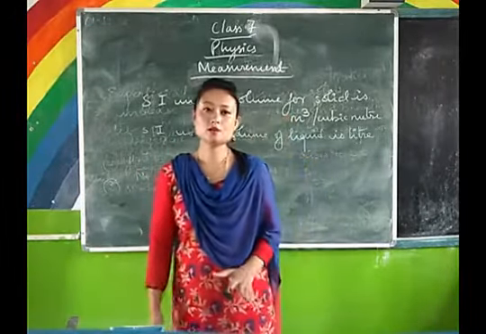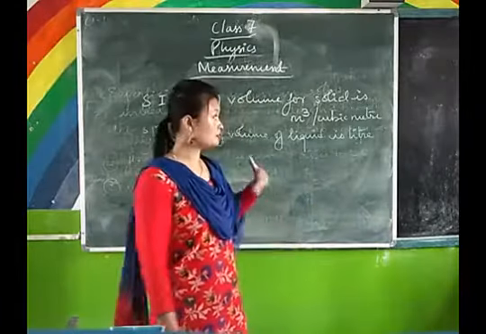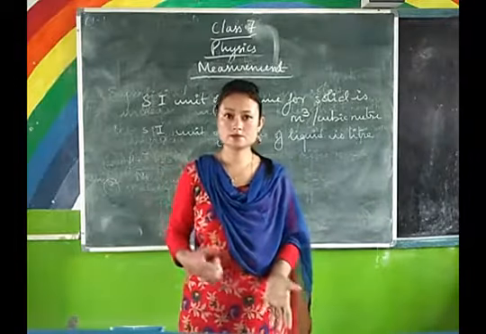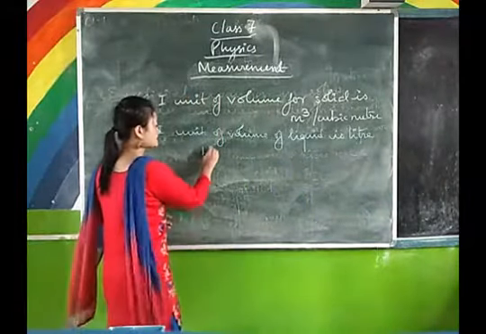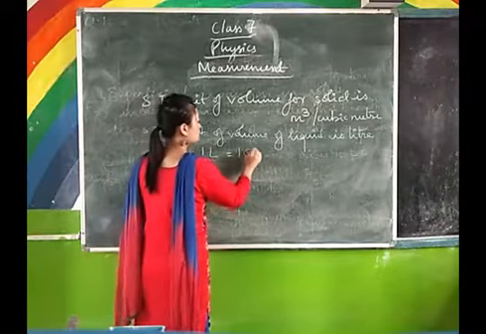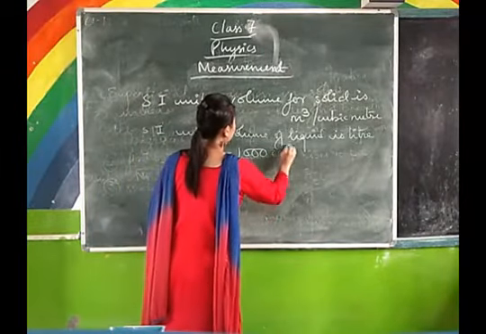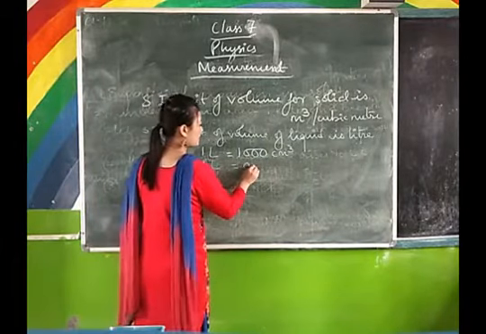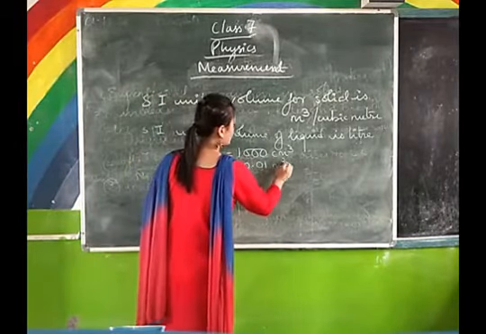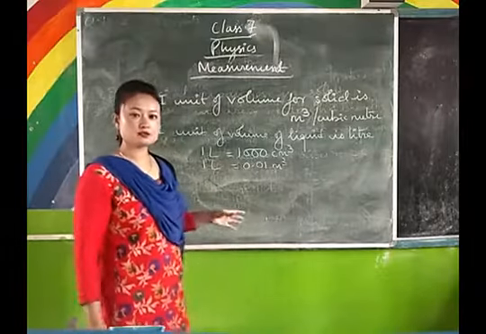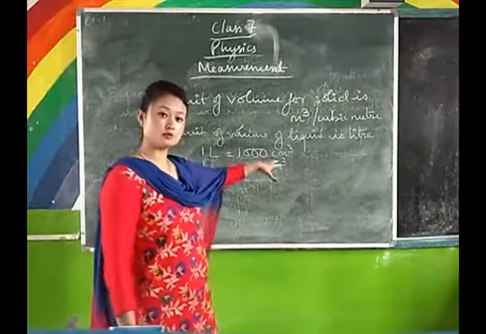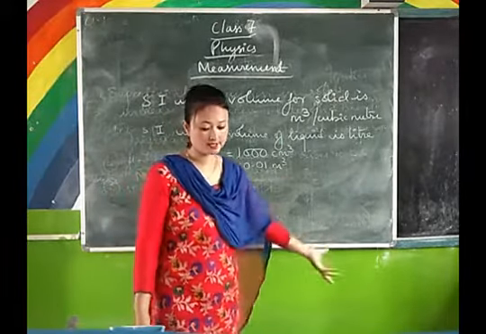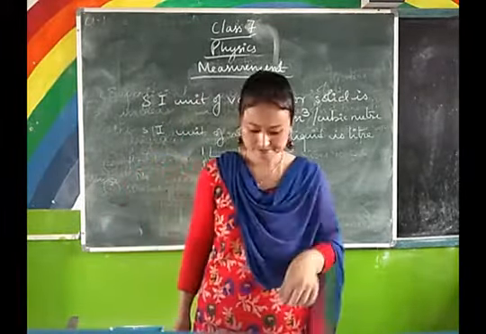Now if you have confusion about how to connect liter and cubic meter, there is a relation between them. 1 liter is equal to 1000 cubic centimeter and 1 liter equals 0.001 cubic meter. These are the relationships between liter and cubic meter or cubic centimeter.